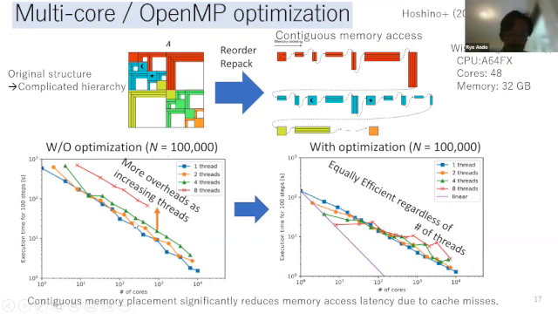You can see some tendency like this. As you increase the number of cores or internal OpenMP parallelization, the efficiency can get worse as you increase the number of core threads. But by using this kind of optimization, the efficiency can be seen like this.